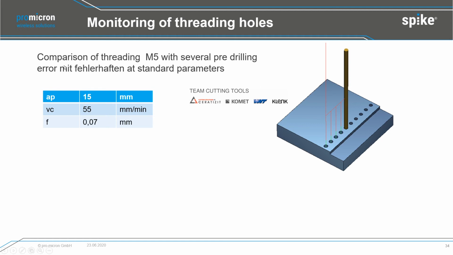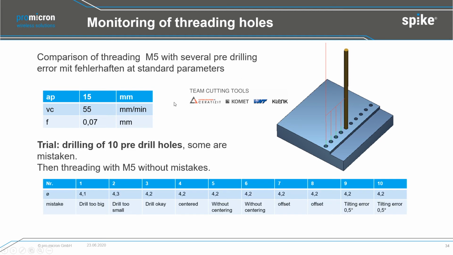So we are comparing M5 threads with several pre-drillings which have an error at standard parameters. We were using again a serrated tool. We are running 10 pre-drill holes, but some of them are mistaken. The first one is with a pre-drill diameter of 4.1 millimeter. Here the drill was too big.